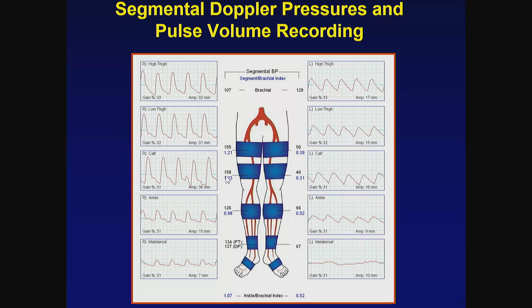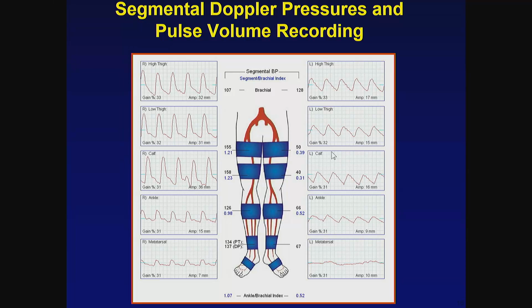It's possible that the pressure obtained in the thigh here is somewhat artificially elevated because of size or arterial calcification. Nevertheless, the presence of a normal ABI and normal pulse volume recording here suggests overall that the limb perfusion here is quite normal or near to normal.